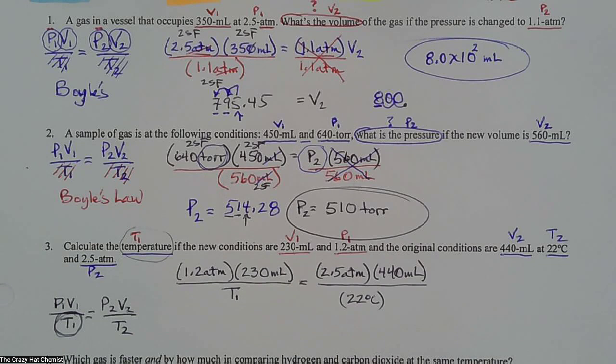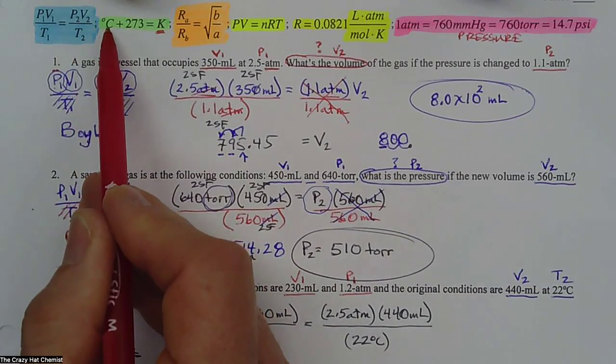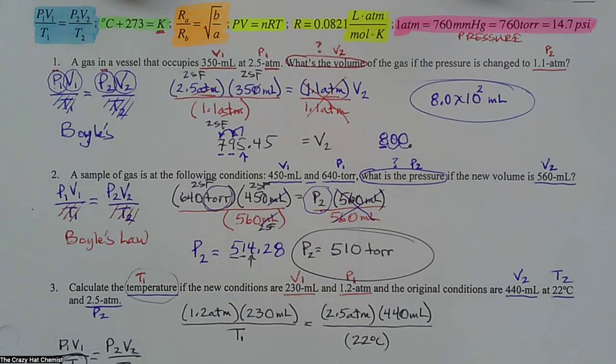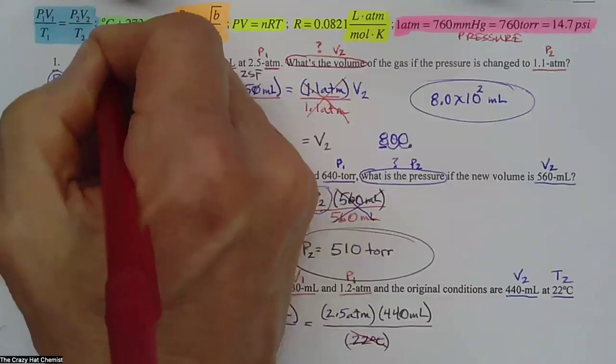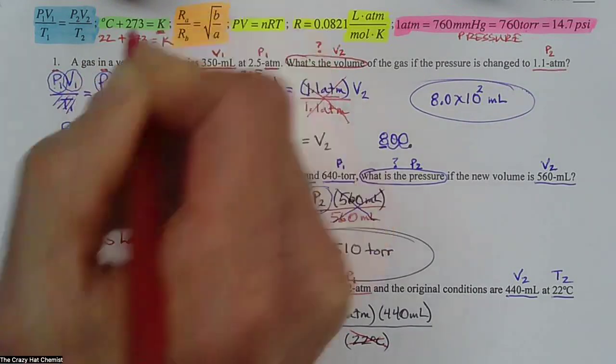Looking at the top, highlighted in green, degrees Celsius plus 273 is equal to the Kelvin temperature. So I'm going to change this 22 degrees Celsius into Kelvin. The reason is that there are no negative values in Kelvin, and all the gas constants use Kelvin. So we're going to plug in 22 plus 273. That's going to equal my Kelvin temperature.